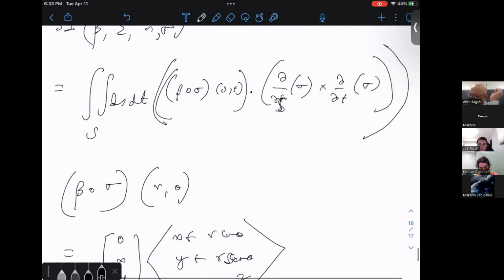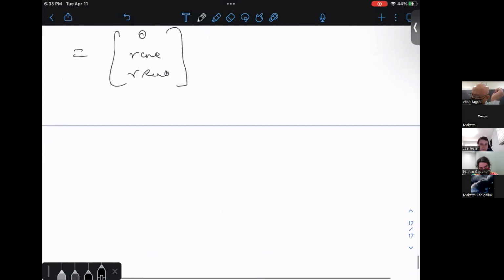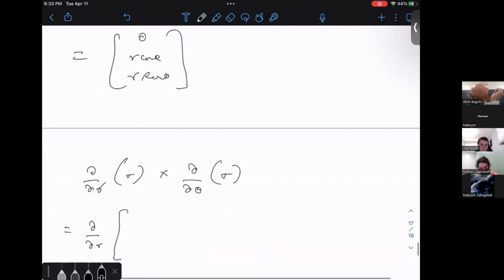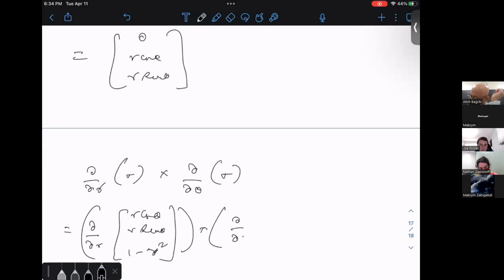Okay, and del r of sigma cross del theta of sigma. So del r of (r cosine theta, r sine theta, 1 minus r squared) cross del theta of (r cosine theta, r sine theta, 1 minus r squared).